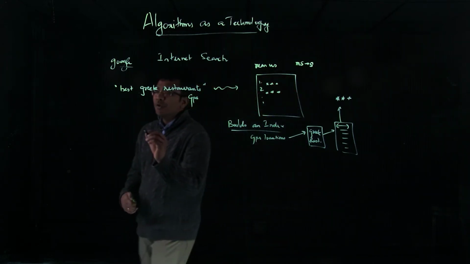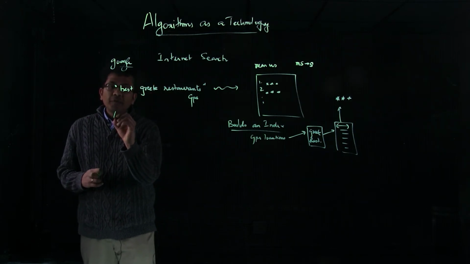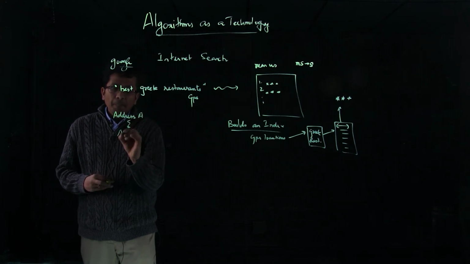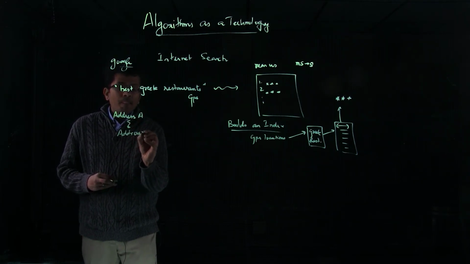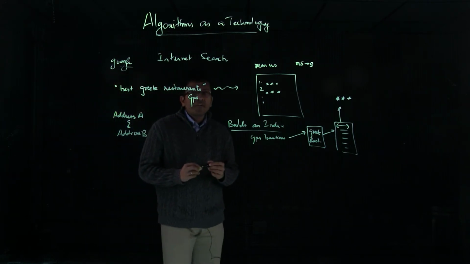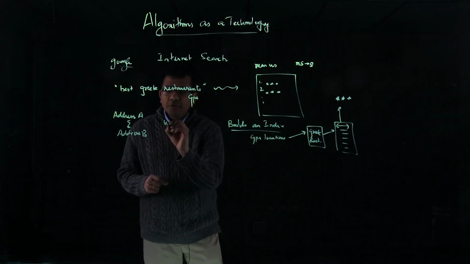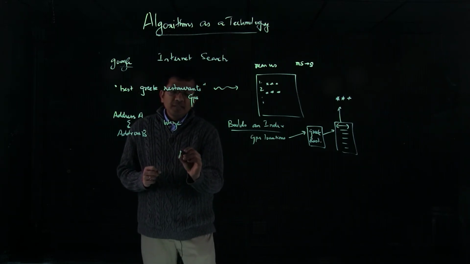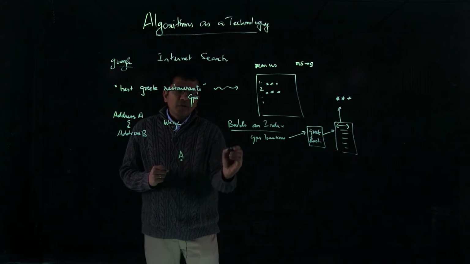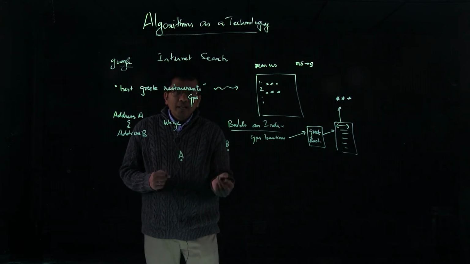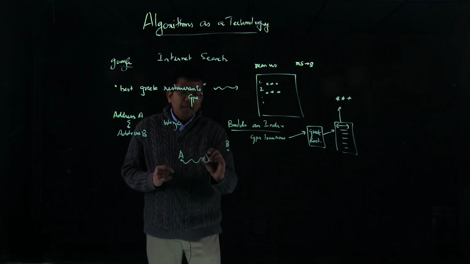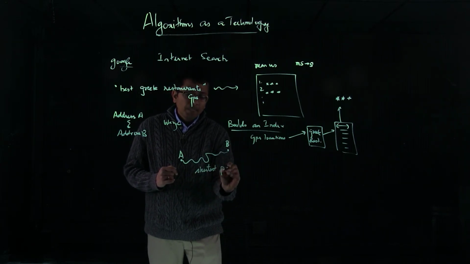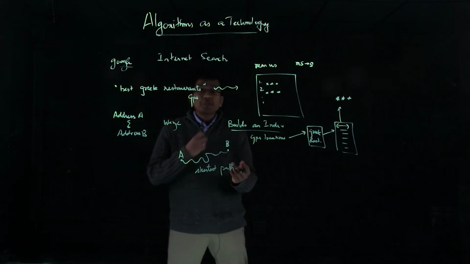Another example is if you are going to search for a route from address A to address B, and let's say you're doing it on your favorite app, Waze. Waze needs to know where address A is located on a physical map, it needs to know where address B is located on the physical map, and it solves a shortest path problem.